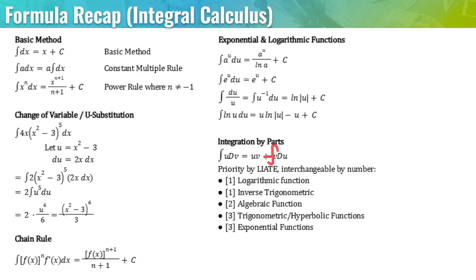So this is an acronym for choosing the u, which should be easy to differentiate. Logarithmic and inverse, followed by algebraic, followed by trigonometric and exponential. So you follow this order when choosing your u. The v is simply going to be the other variable and the dx or the dv or whatever it is. So this v will be easy to integrate.